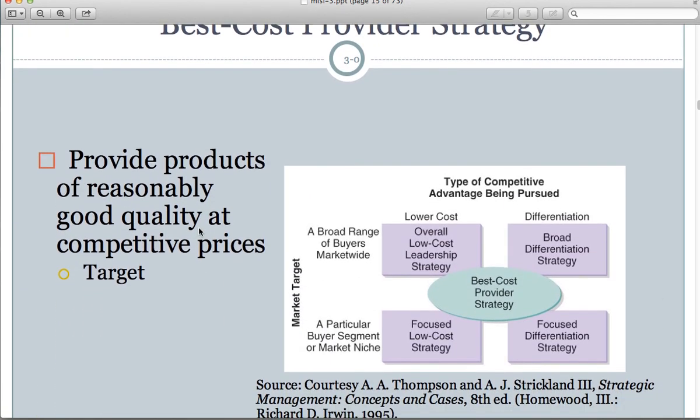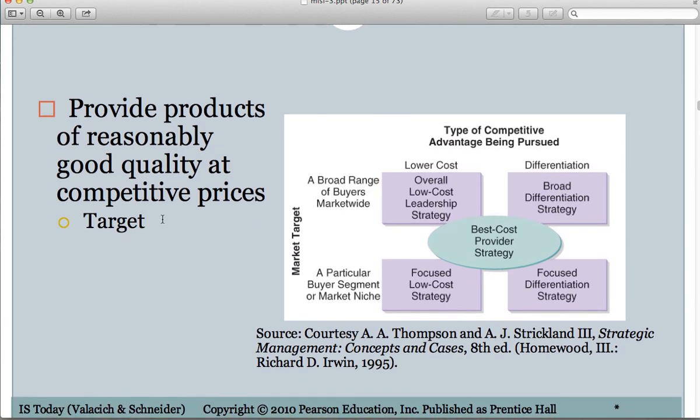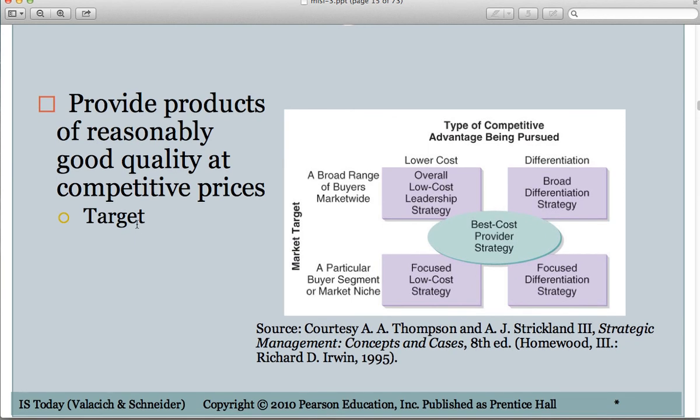Best cost provider strategy, providing, and this is Target actually, your Walmarts, your Targets, your superstores. Actually, believe it or not, Target is not that cheap. I have discovered that, and the quality is not there either. But not to cut down Target or anything, but you compare their prices, price per price, with other chain kind of stores in the same category.